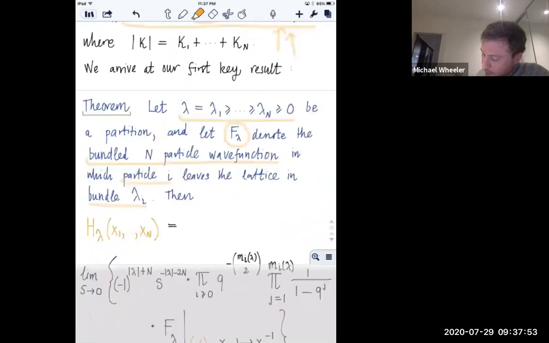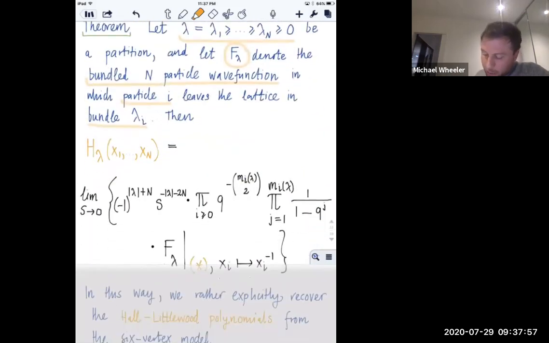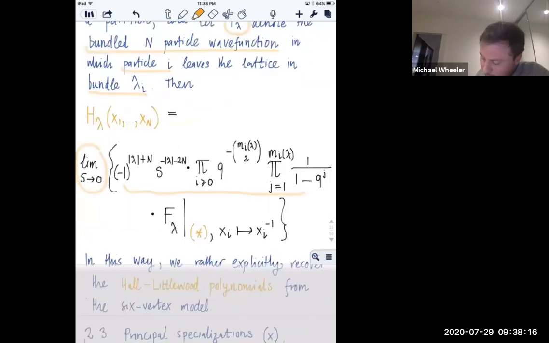So the claim is that you can get the Hall-Littlewood polynomials by taking a limit where this s parameter tends to 0. There's some sort of normalization which you need to take care of. I've just written it down here for completeness for anyone who ends up following. But really the important point is that I have f lambda, which has been specialized according to the star specialization.